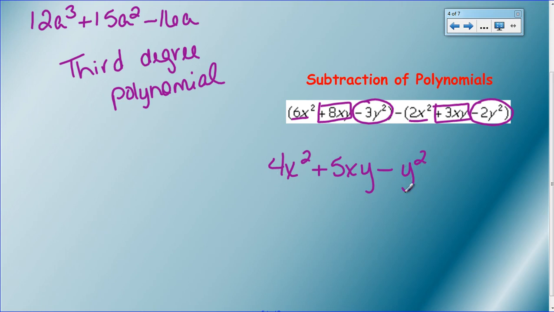So this again is a trinomial, and it's still a second degree polynomial because my highest exponent in any place is a second power. So subtraction, you can do it the way I just showed you, or you can distribute this negative through to everything and then just combine like terms. Whatever you like the best. I like to just keep it all and remember that I am doing minus instead of plus. It sort of helps me to keep things straight.